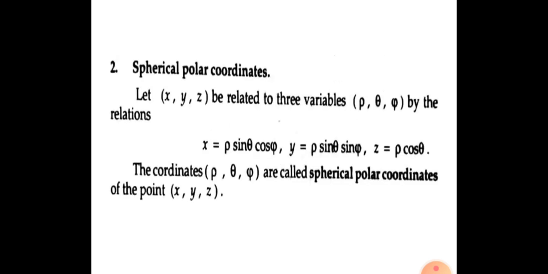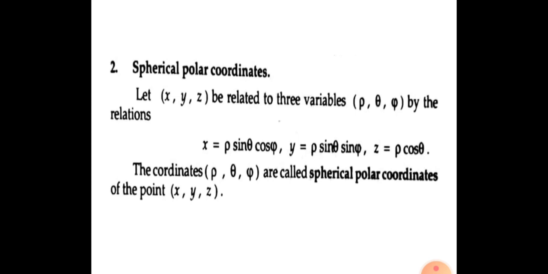Here we have the relation x is equal to rho sin theta cos phi. Differentiate partially with respect to rho, theta and phi to get the first row.